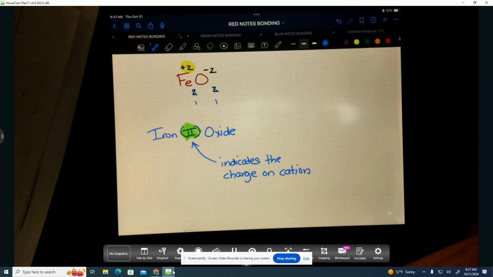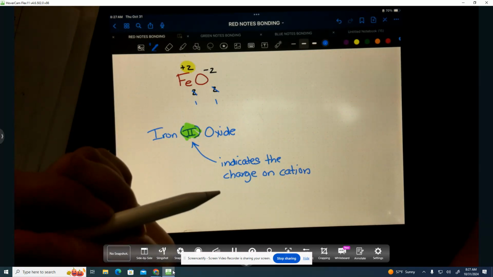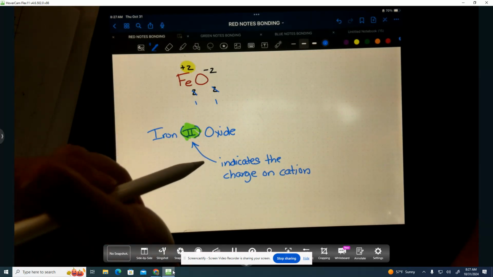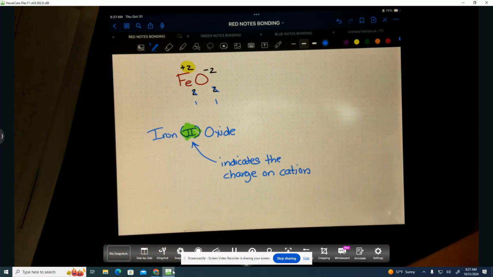Okay. I didn't give you anything in the transition metals because I didn't teach you this yet, but now I did. So if you have a metal, a cation, that is going to have multiple oxidation numbers, when you go to name it, you have to write the oxidation state in Roman numerals of that cation.